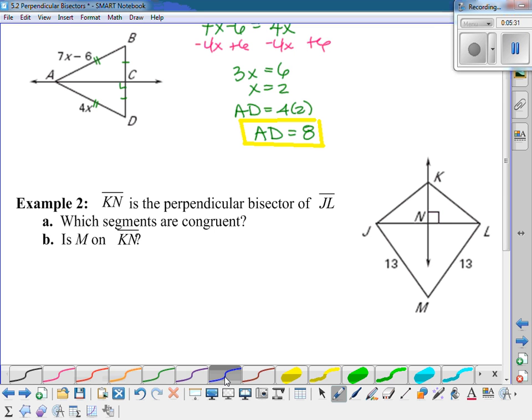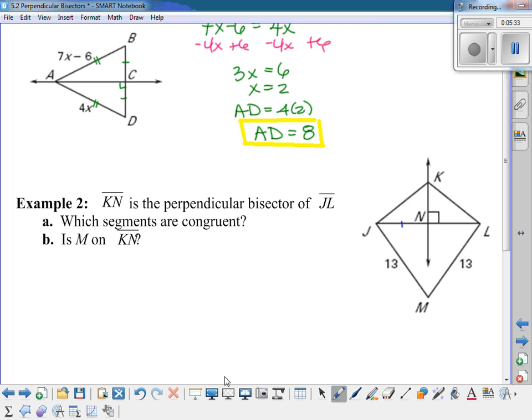So I know that JN is congruent to LN. And I also know that JK is congruent to LK, because any point on the perpendicular bisector is going to be congruent.